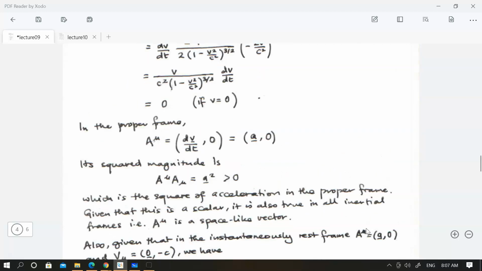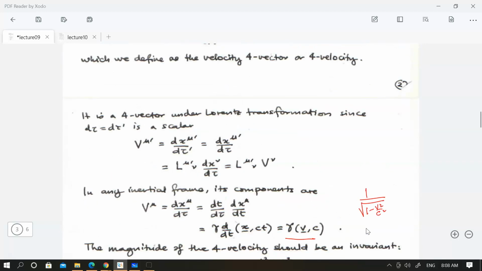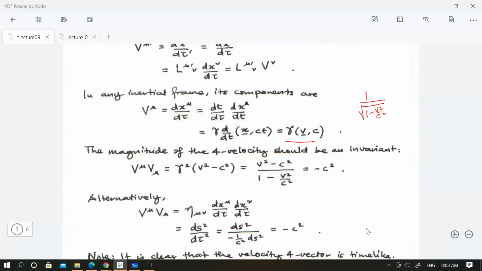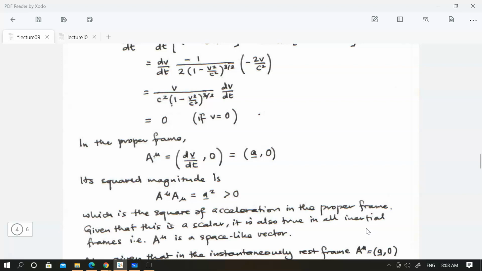The other thing one should highlight is that your v mu here is what we call time-like, and your A mu is going to be space-like.